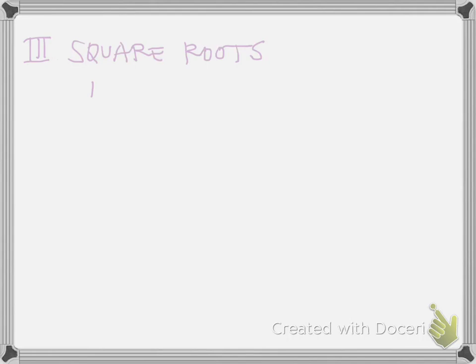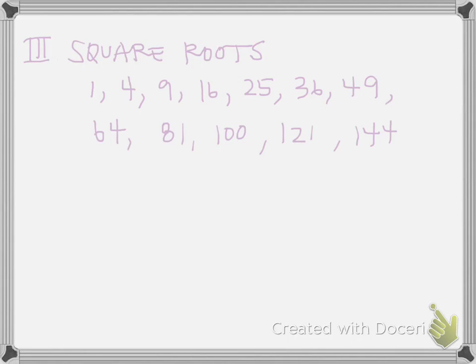Our perfect squares: 1, 4, 9, 16, 25, 36, 49, 64, 81, 100, 121. We could keep going forever here. 144, 169.